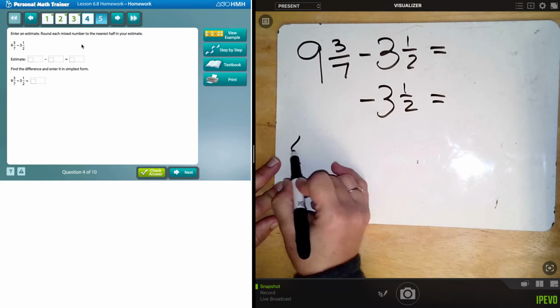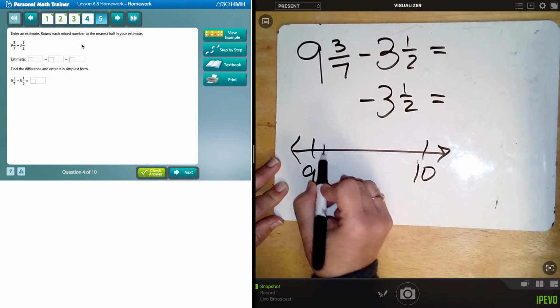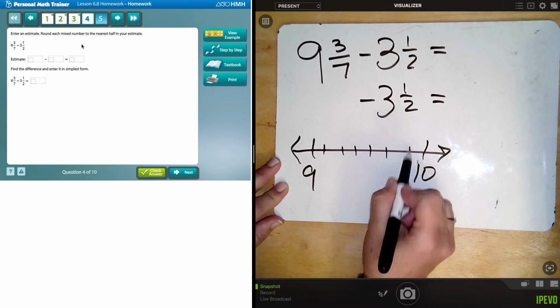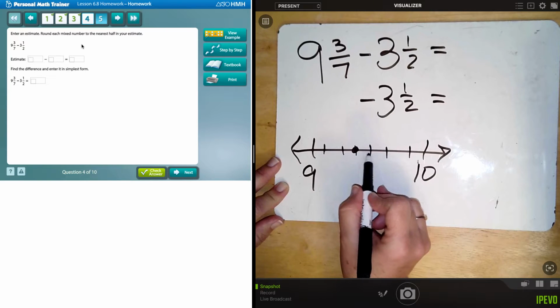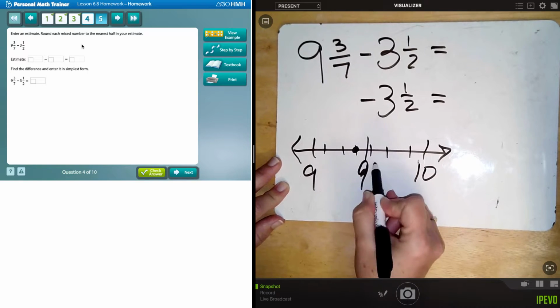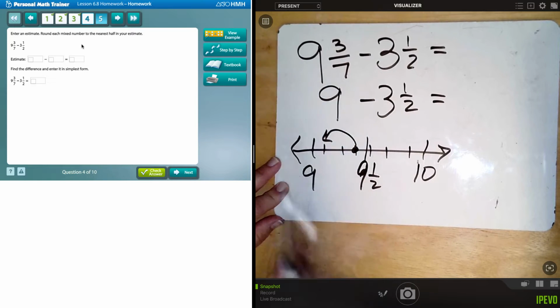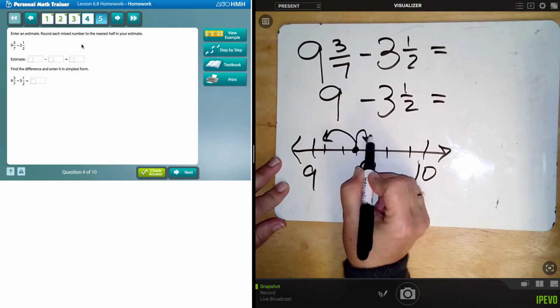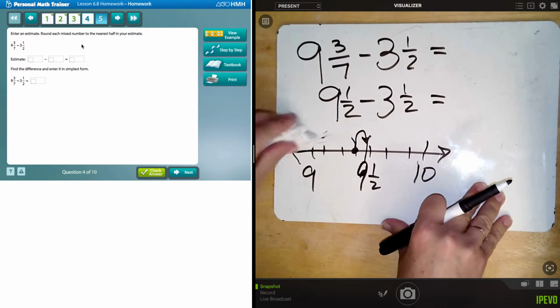And now I need 9. So I think it's going to be, oh no, is it to the nearest half? It'll be 9 1/2. Whoop. Okay, so we're going to the nearest half.